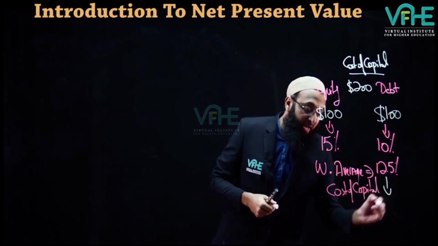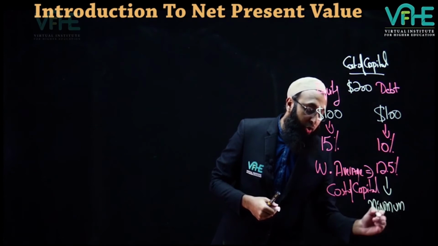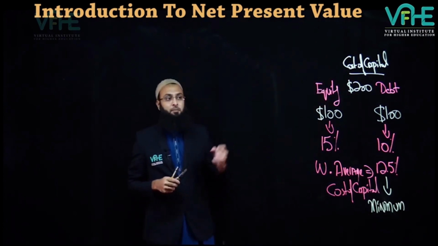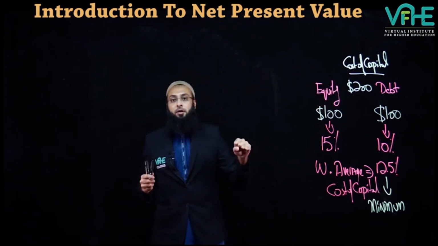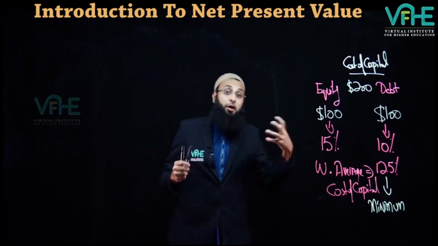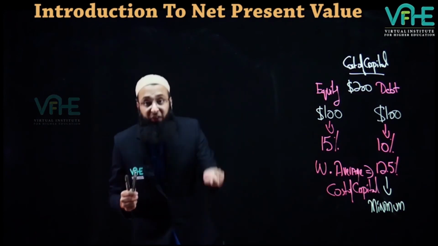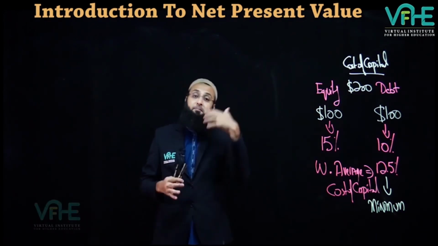So this is the minimum cost that the project should cover in order for the project to be acceptable. Because the funds through which you are investing in this project, the project should ensure that it covers the cost of those funds which the business is actually using to fund that particular project.